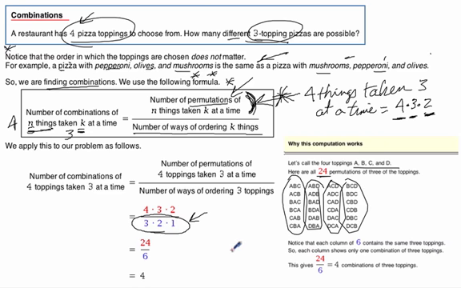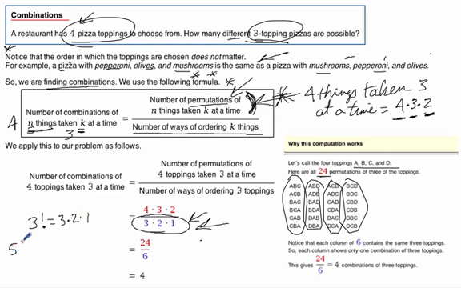So that means that this denominator, we just take the number of k items, and we're going to multiply it, called factorial. So if there's 3 toppings, it's 3 factorial. That means 3 times 2 times 1.